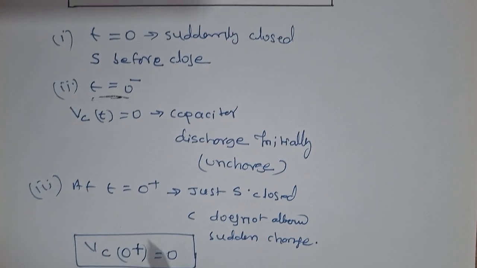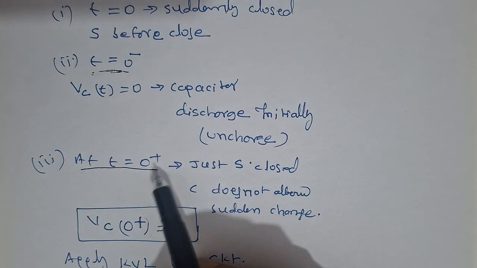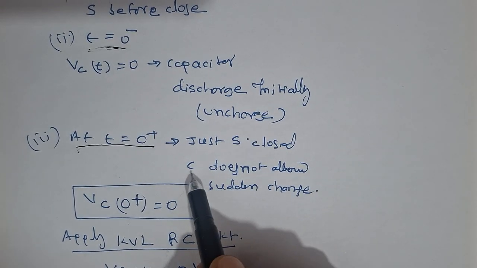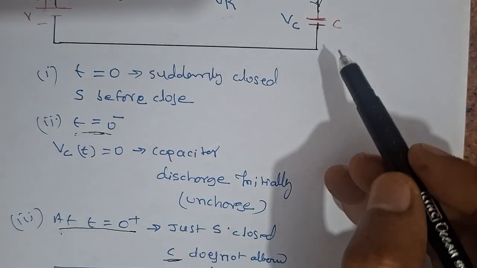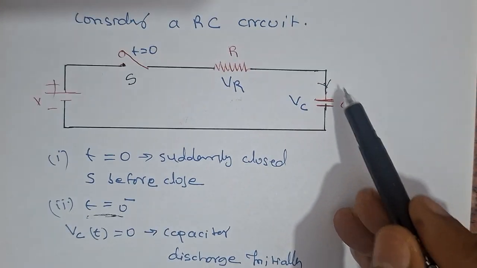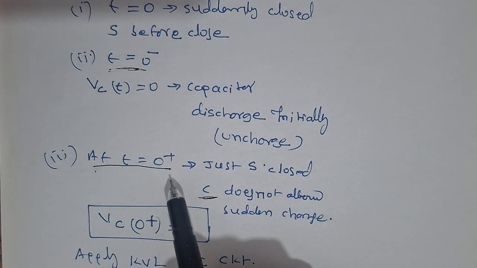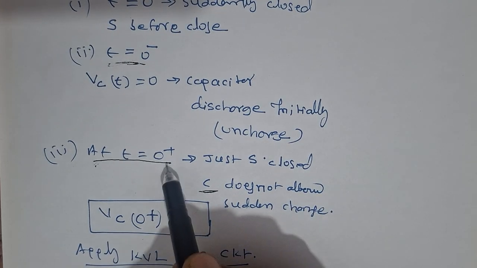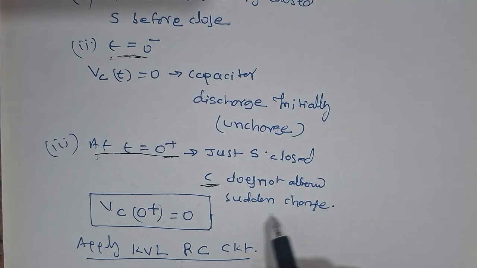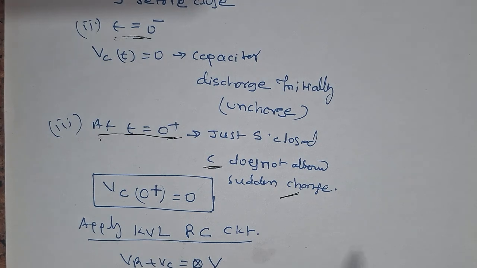Next condition is at t equal to 0 plus, just after the switch S is closed. By definition, the capacitor does not allow sudden changes in voltage. Therefore, at the instant the switch is closed, the voltage across the capacitor is again 0.